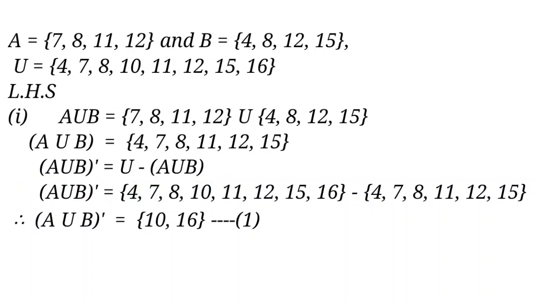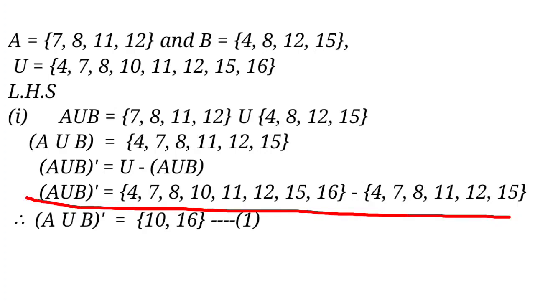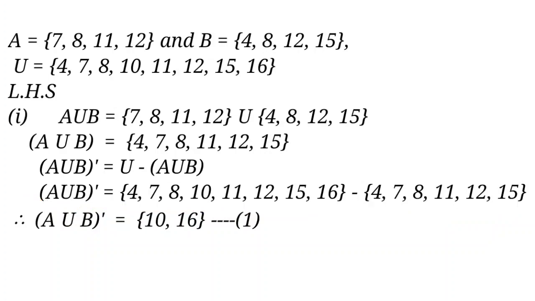(A union B)' is equal to {4, 7, 8, 10, 11, 12, 15, 16} minus {4, 7, 8, 11, 12, 15}. Therefore, (A union B)' is equal to {10, 16}.